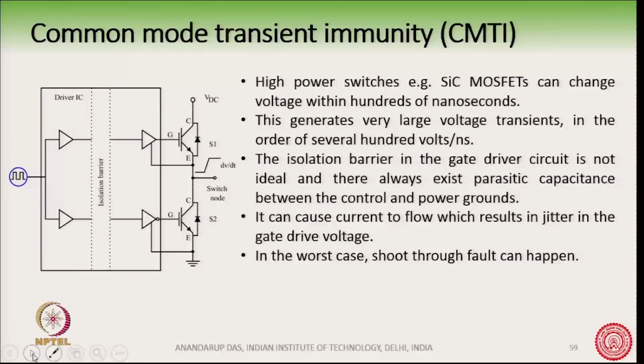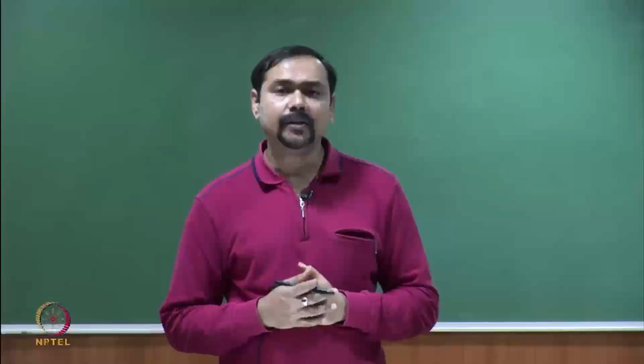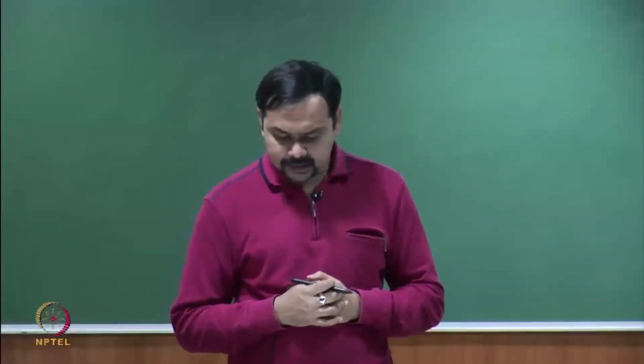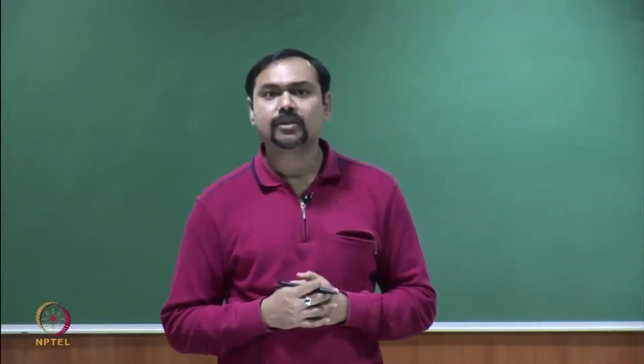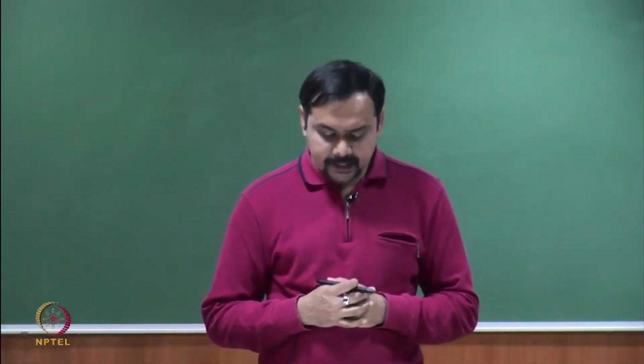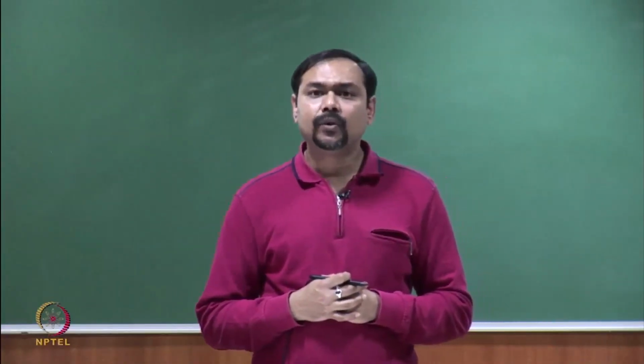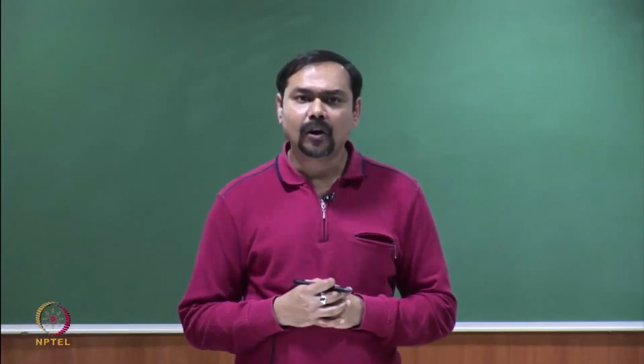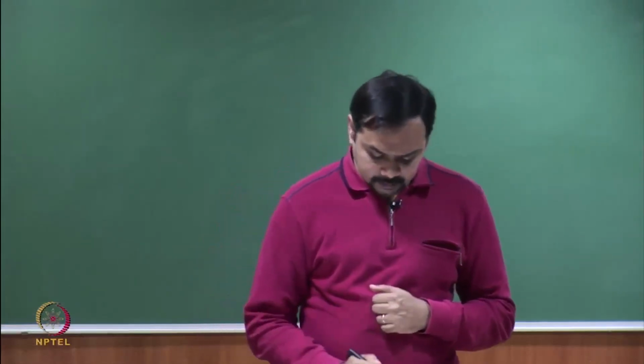They are very fast, they can turn on and off very fast. So, what happens with silicon carbide MOSFETs, or high switching frequency IGBTs also, is that a large voltage transient can occur between the collector and emitter.